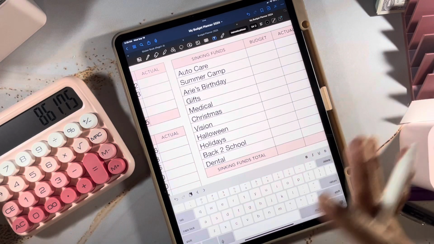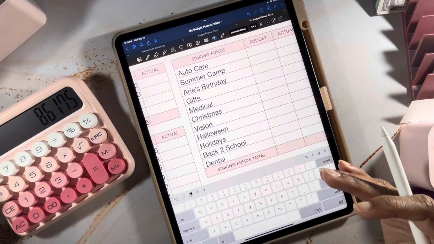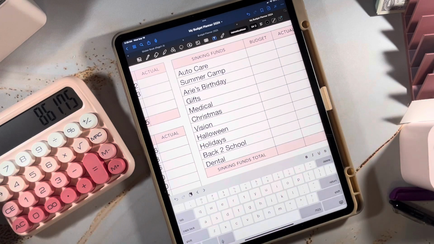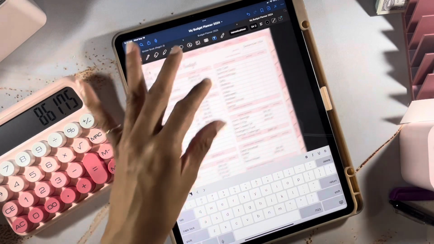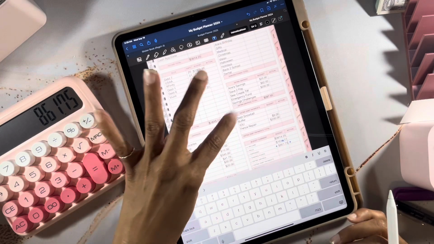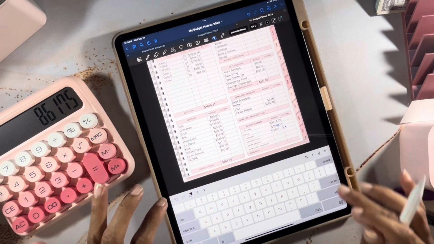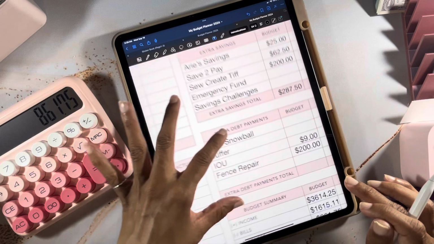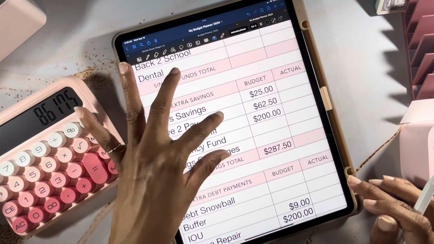But as it goes now, a lot of times I don't have a lot of money to put into the sinking funds, which could be in part with the fact that I'm taking money out in order to do my savings challenges and then reallocating that to my sinking funds. So in a sense, I am putting money back for the sinking funds, but it's just done in the way of savings challenges. Okay, what's going on here? Okay, there we go.